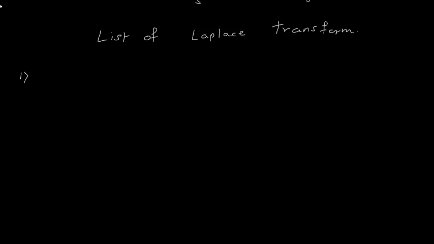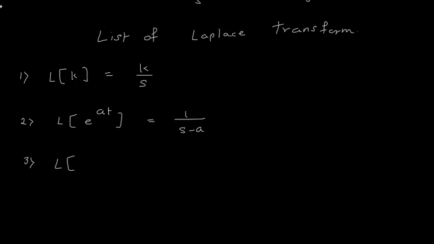First, Laplace of k. Laplace of k is what? k upon s. Second, Laplace of e power at is 1 upon s minus a. Third, Laplace of e power minus at is 1 upon s plus a.